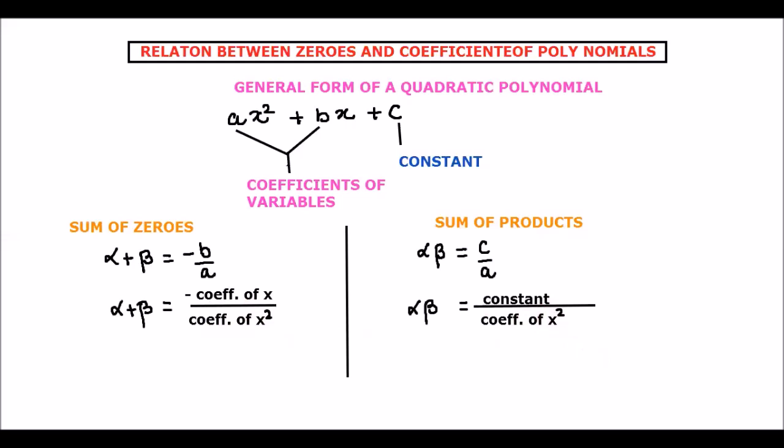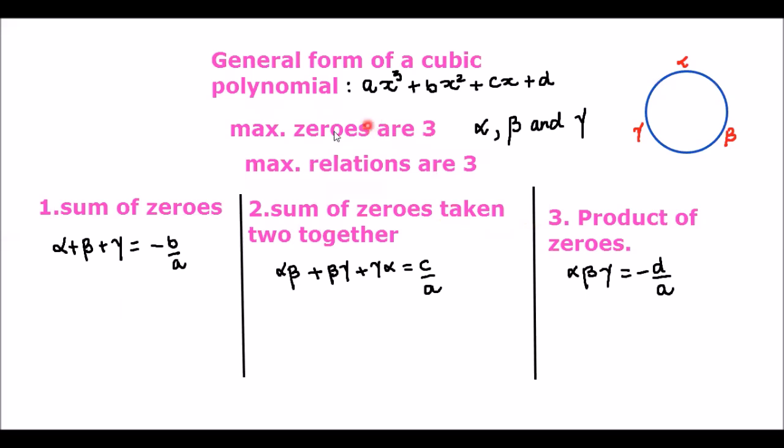Similarly, we can derive the relation for the cubic polynomial. The general form of the cubic polynomial is ax cube plus bx square plus cx plus d. So a, b and c are the coefficients and d is the constant term.